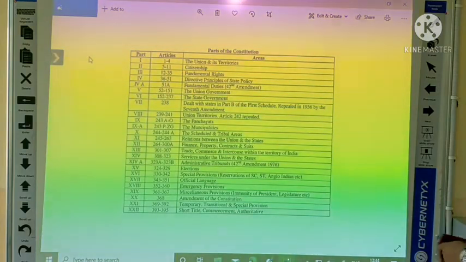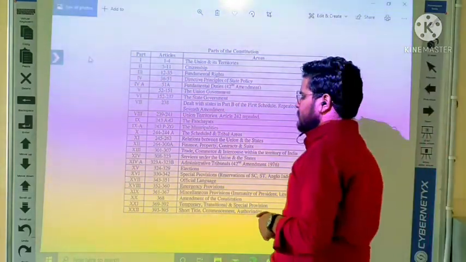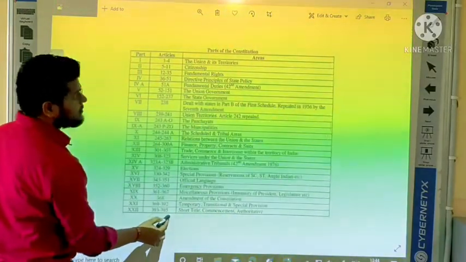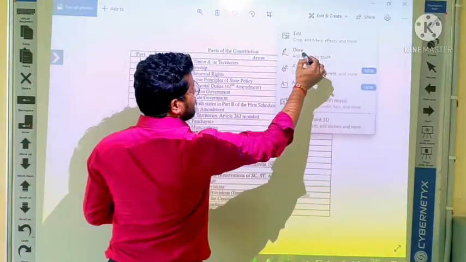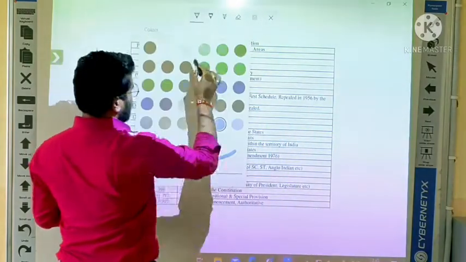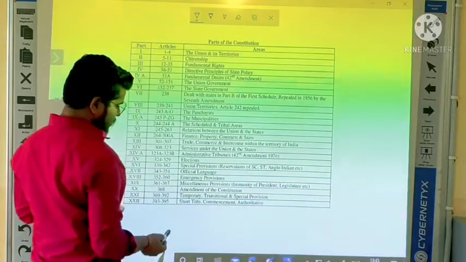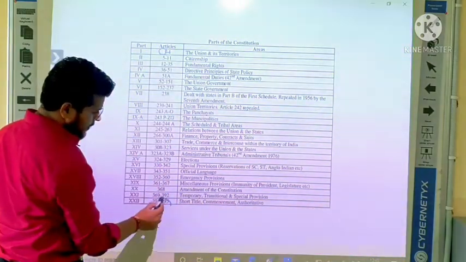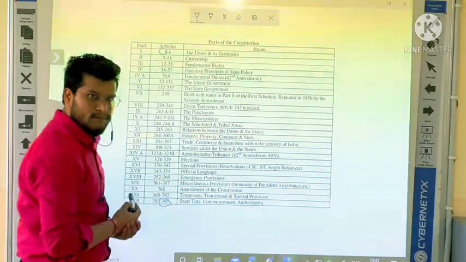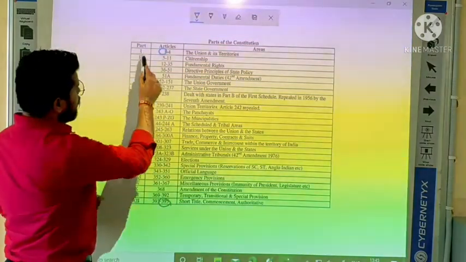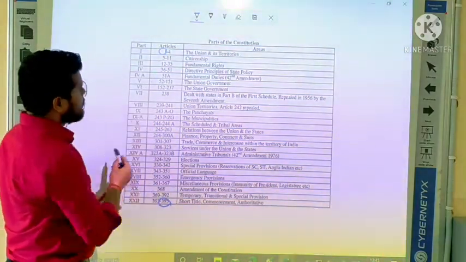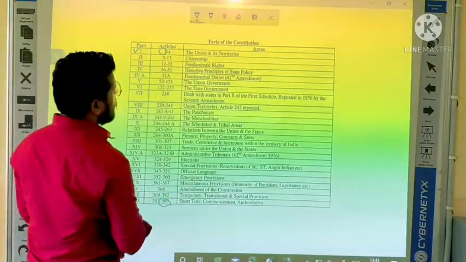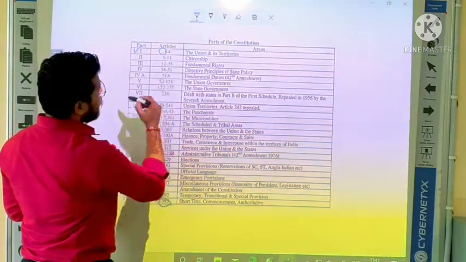Yes, see this one. 395 articles, total from 1 to 395 articles. Okay, and all these are the parts from part 1. Part 1 contains articles 1 to 4.